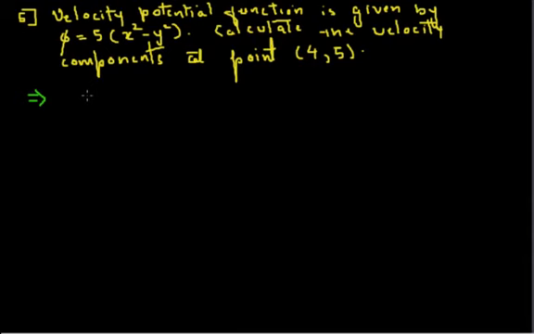The function is given as phi is 5x square minus y square.